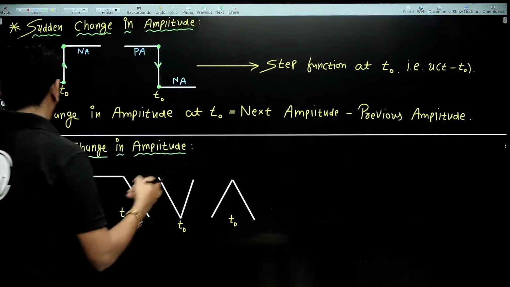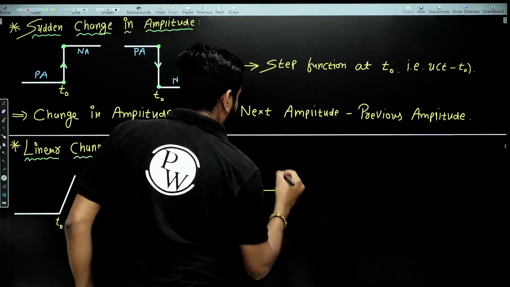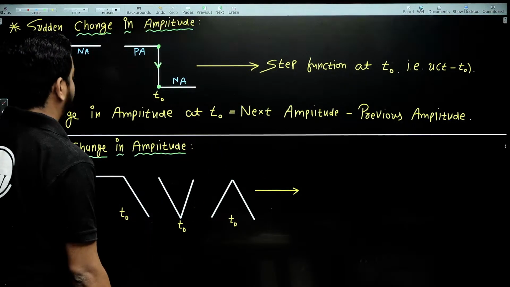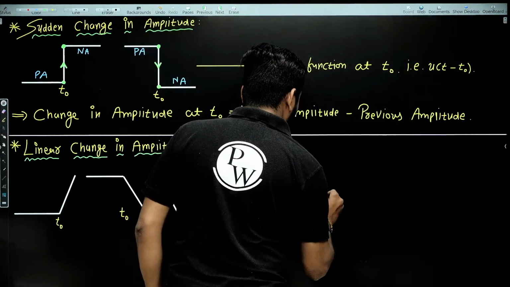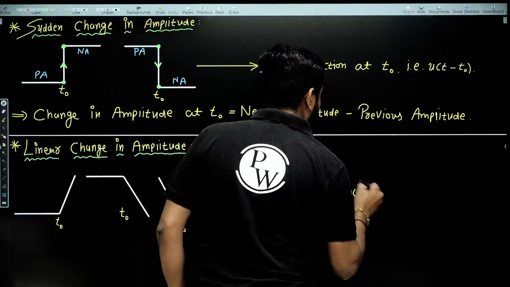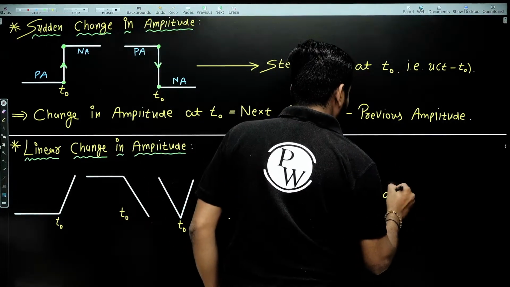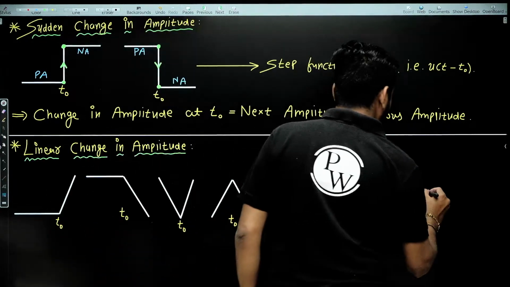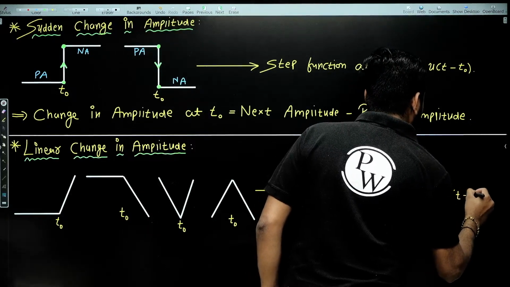If there is only a linear change in amplitude at T naught, then at T naught we will get the ramp function. Ramp function is present wherever a linear change in amplitude is present. The ramp function is present at T naught, that is R of t minus T naught.